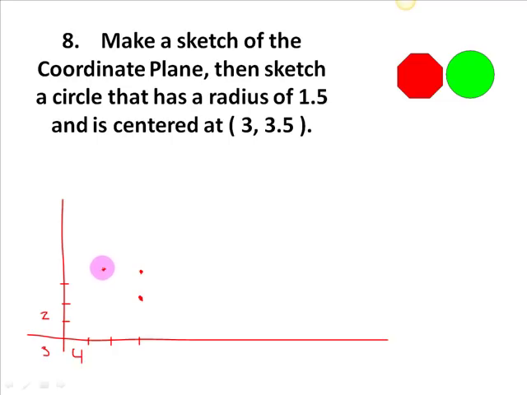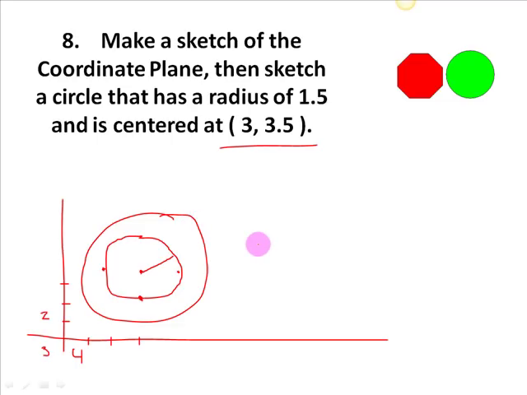This dot will fall on the circle, and then I go up about that same amount, and I'll go over about that same amount. What this has done is give me a target. So when I freehand sketch my circle, I have some points that I can hit, and there we go. I now have a circle located at the ordered pair 3, 3.5, with a radius of 1.5, and it's all within the first quadrant.